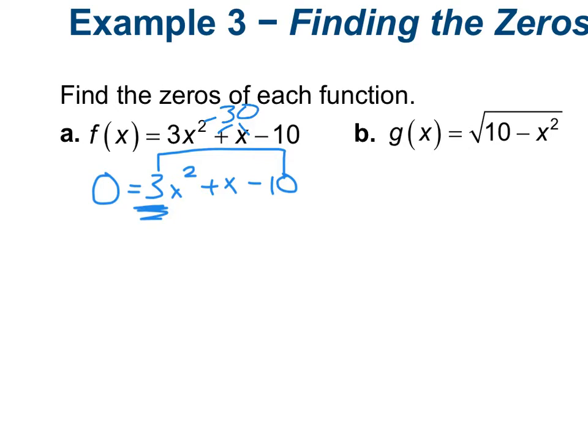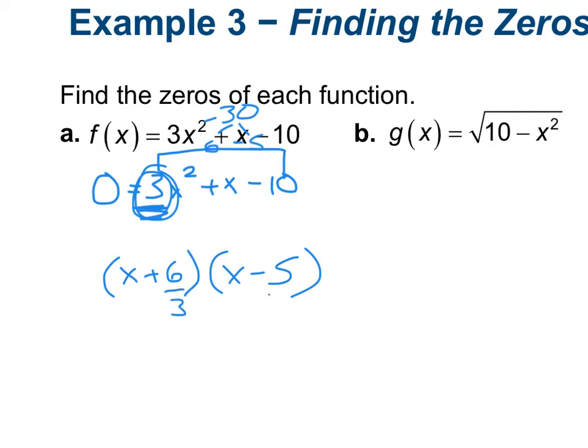6 and -5. Awesome, 6 and -5. So we're going to put 6 and -5 into our parentheses down here. So we have x plus 6 and x minus 5. But we can't forget about this 3 out front, so what we do is divide both of these by 3.